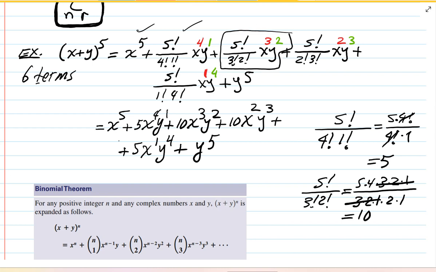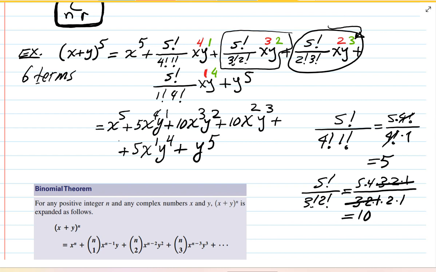Looking at the third term in the expansion, the exponent on y is 2. This one, for example, is the fourth, and so on. Now look at the exponents on y. For third, it is 2. For fourth, it is 3, isn't it?